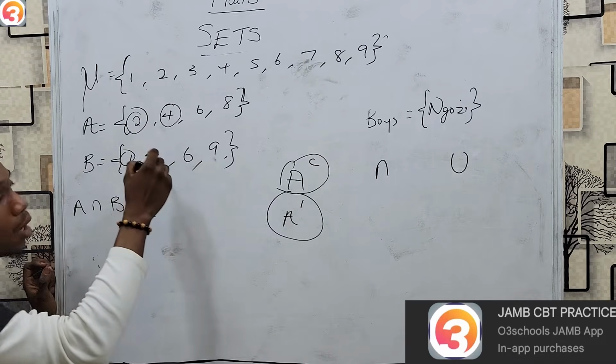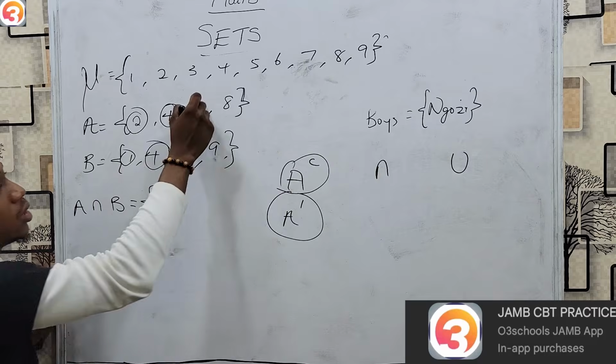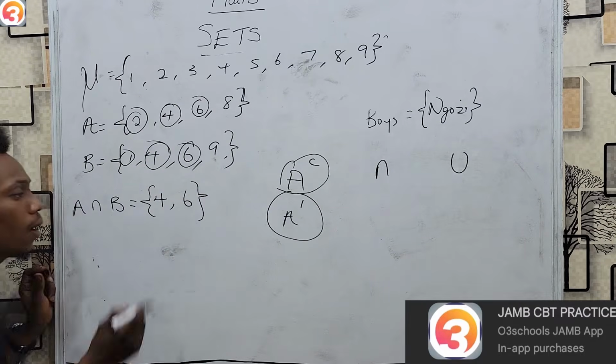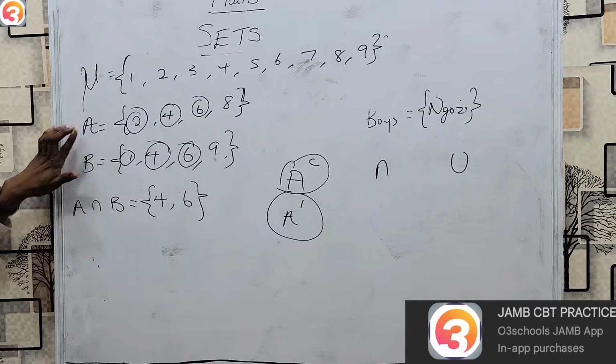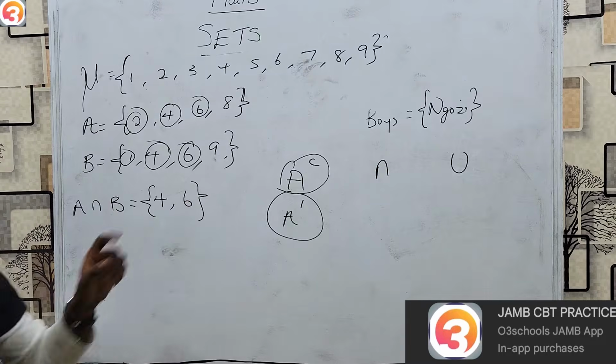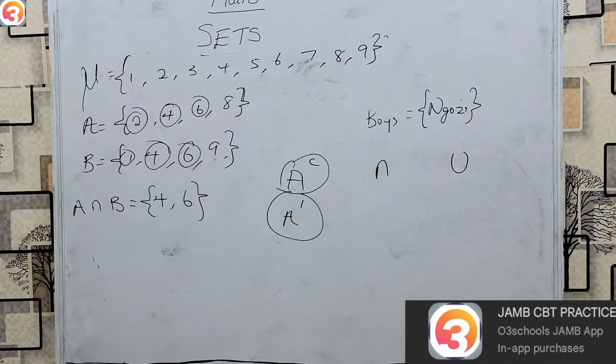There's 4 here, and there's 4 here. So 4 belongs to this set. There's 6 here, and there's 6 here. And therefore you can see that A intersection B is 4 and 6. Those are the elements that are common to both A and B.